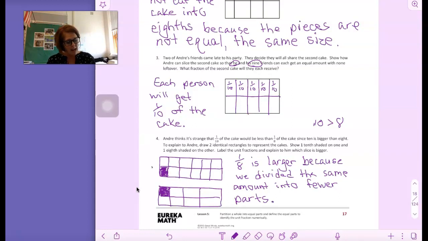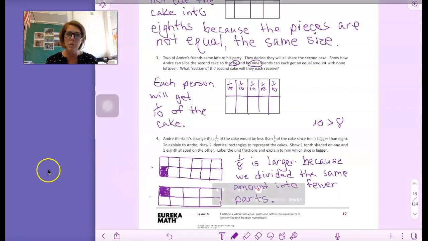So we have the same size cake, but we have fewer pieces here. So our pieces are going to be larger. Boys and girls, you're going to go on to do some homework problems. Take your time, and I look forward to seeing what you can do with these fractions.